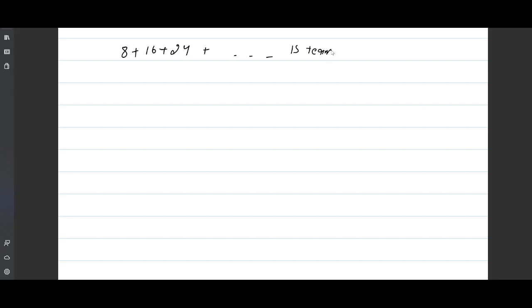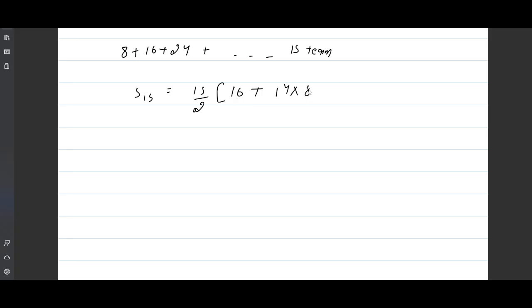S15 is equal to 15 by 2 into 2a. 2a is equal to 8 into 2, so this is equal to 16, plus n minus 1, which is 15 minus 1, so this is equal to 14 into d, d is 8.